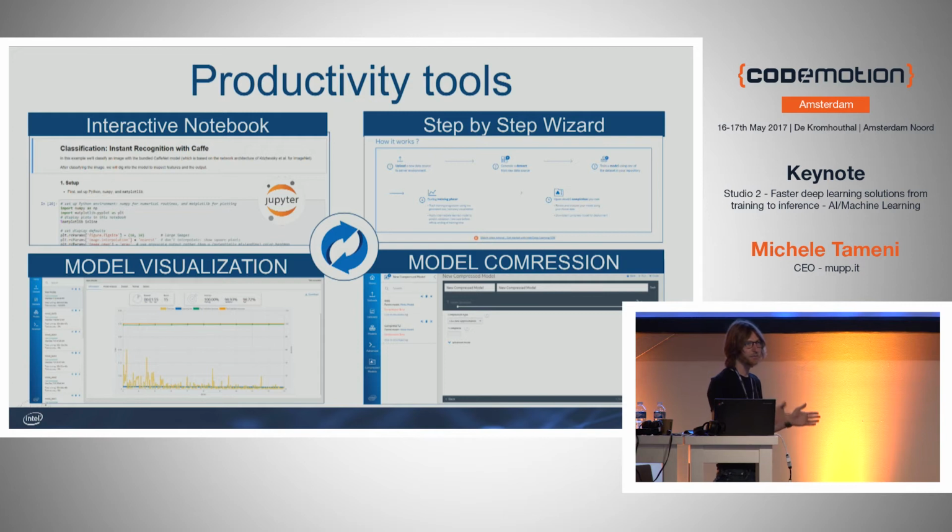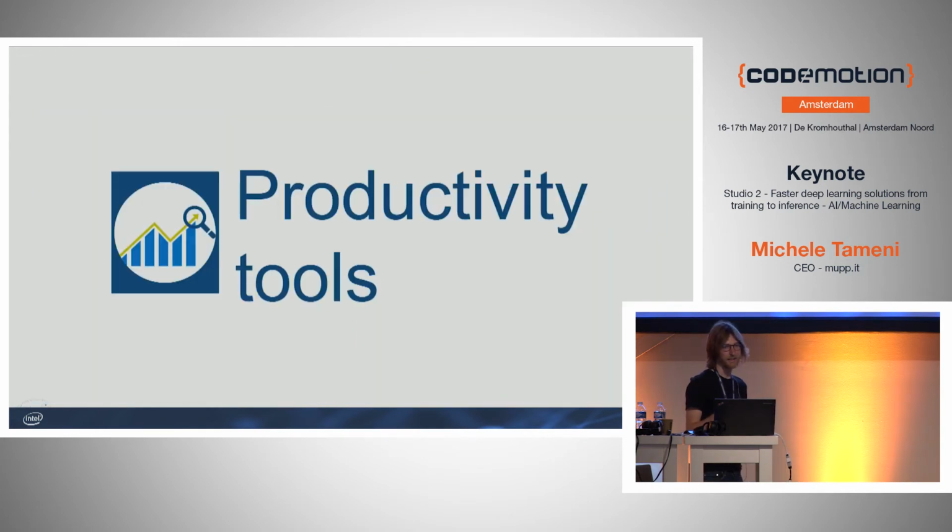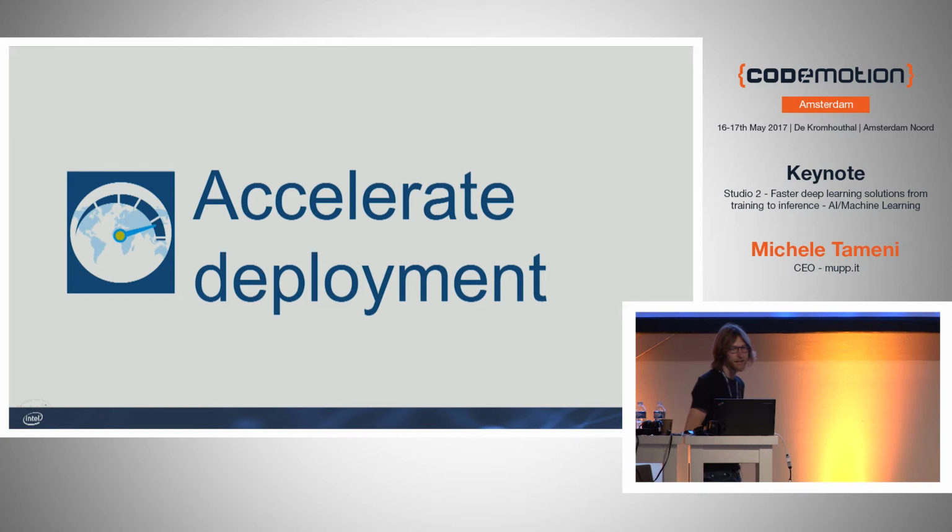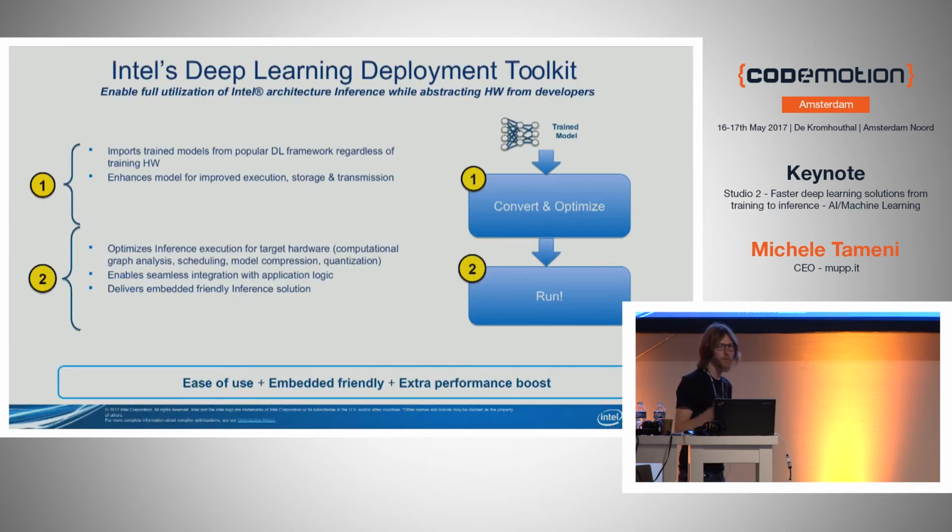And for the optimization part, if you already have a model, you also get the ability to compress the model, to quantize it, or to make optimizations based on your hardware. You can also use this tool to accelerate the deployment. In this way, you will be able to take the model that you have and optimize it for the hardware.